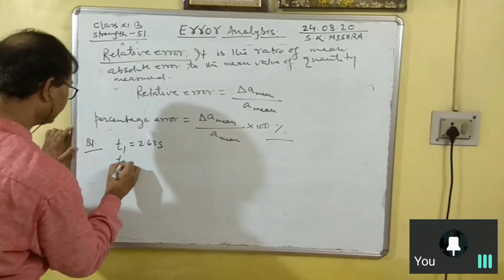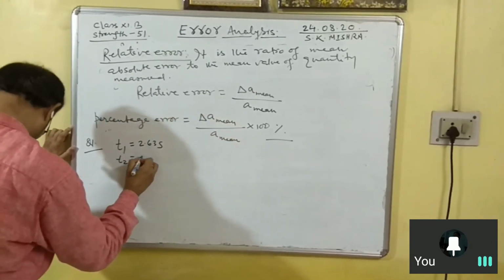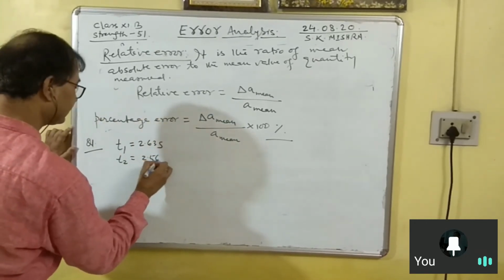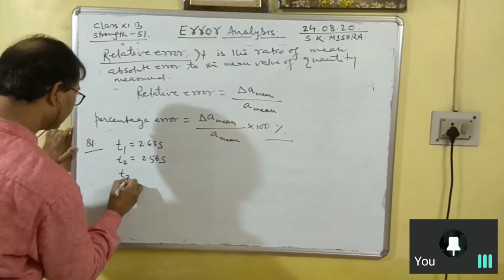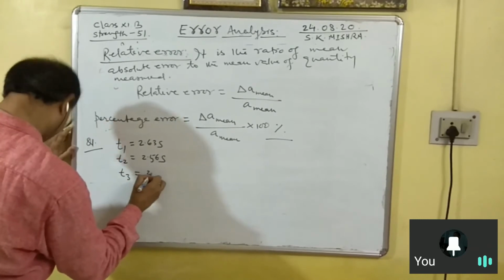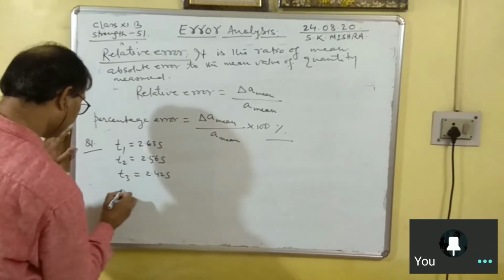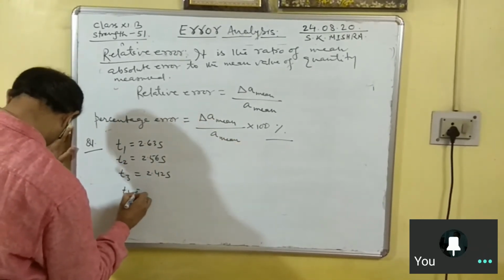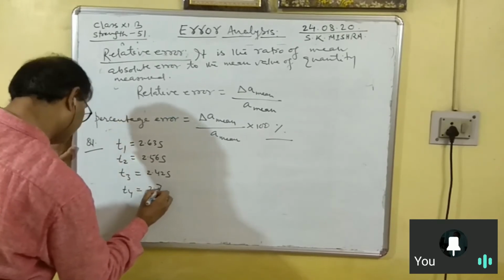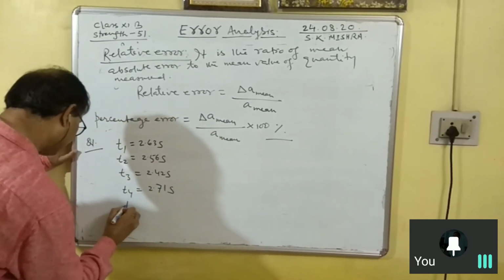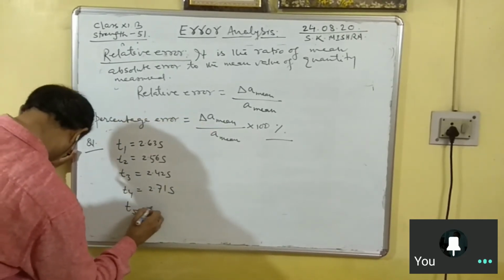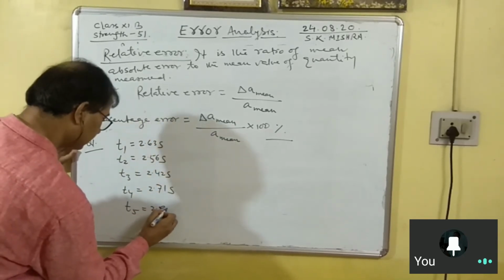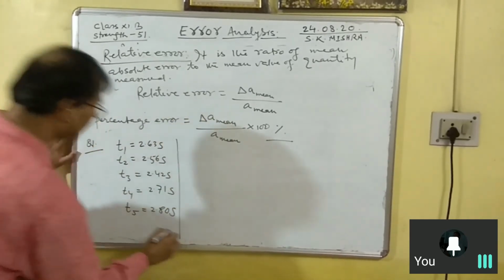Now second time you are taking, this comes to be 2.56 second. Third time it is coming 2.42 second, and T4 fourth observation 2.71 second, and the fifth observation is 2.80 second. So these are 5 observations.